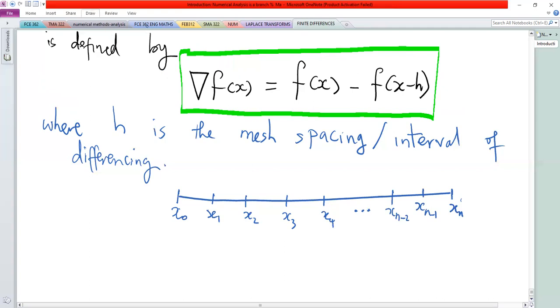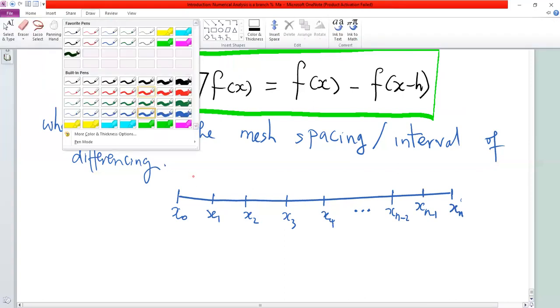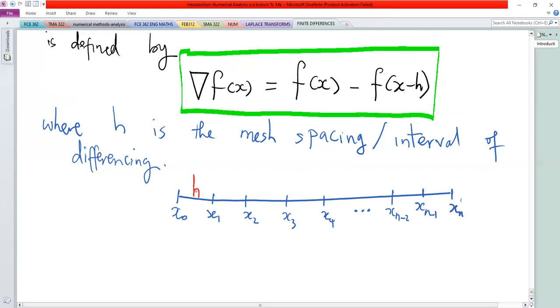These points are equally spaced if the distance between two consecutive points is uniform. So this is h, this is also h, h, h, and h. So from one point to the next, the distance is uniformly h.